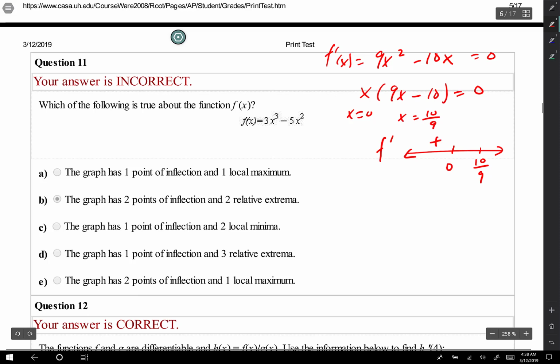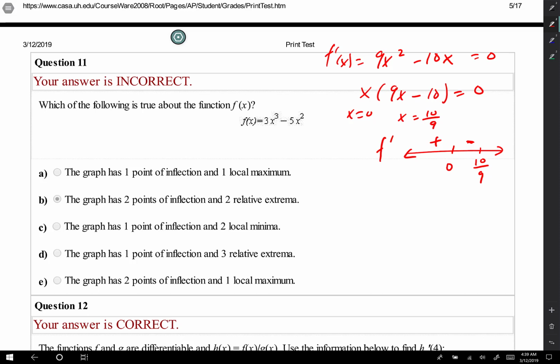You just care about the output, not the actual number. If I put a number like a half, 9 times a half is 9 over 2. 9 over 2 minus 10 is going to be a negative number, because 9 over 2 is a smaller number than 10. So when I subtract 10, you have a negative number, right? All right.